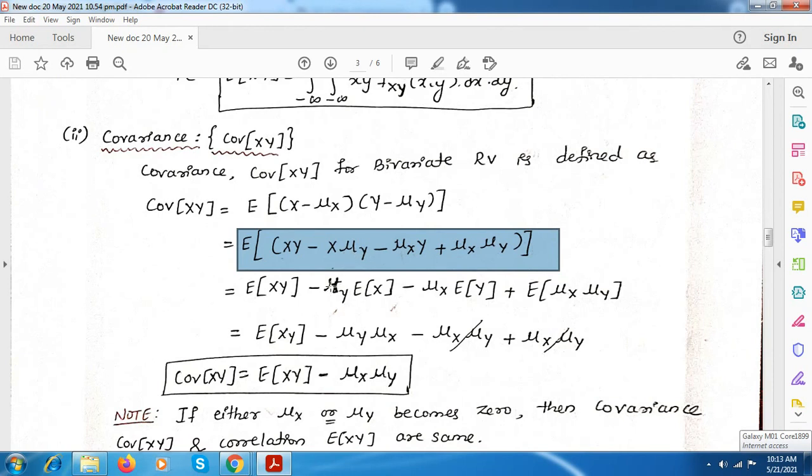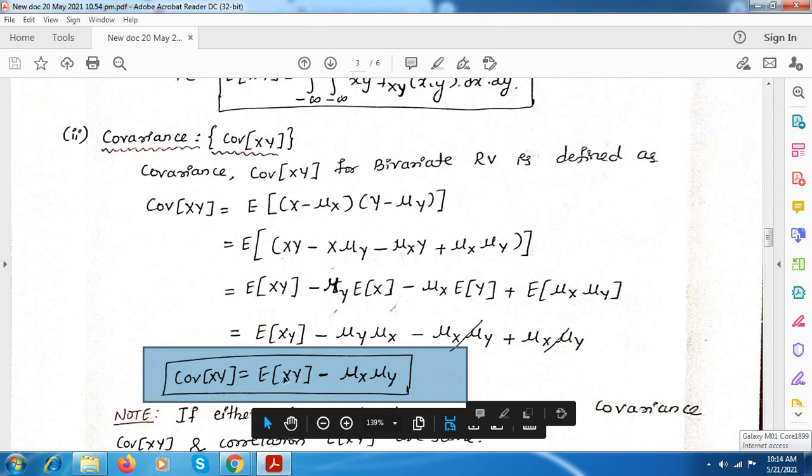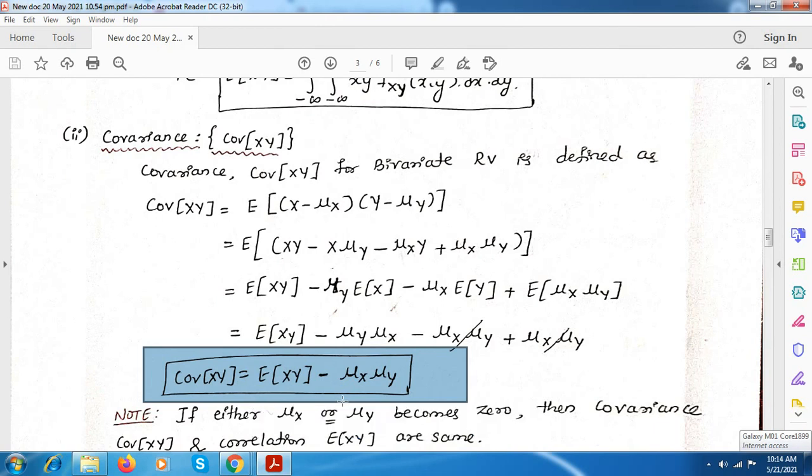Here mu y is constant, so keep it as it is. Here mu x is constant. Here mu x and mu y both are constant, so keep them as they are. Whichever are common, you just cancel those. Then you get covariance as E of xy minus mu x into mu y. When we solve the numericals, we will have a clear picture of all these equations.